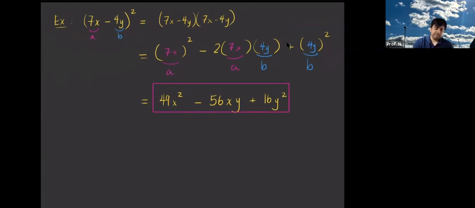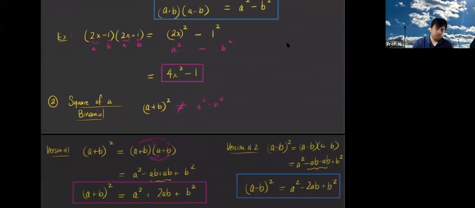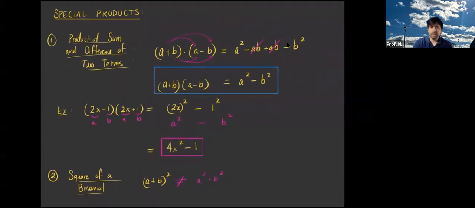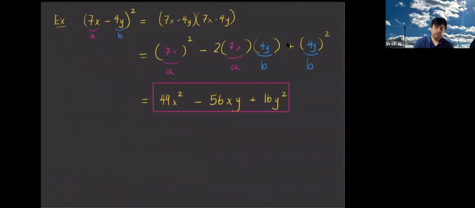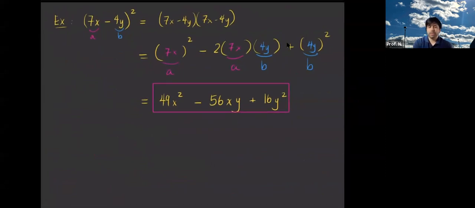Okay. So we have these two different products. One of them is the product of the sum and difference of two terms, and the second one is the square of a binomial. So far we've added polynomials, subtracted polynomials, and multiplied polynomials.